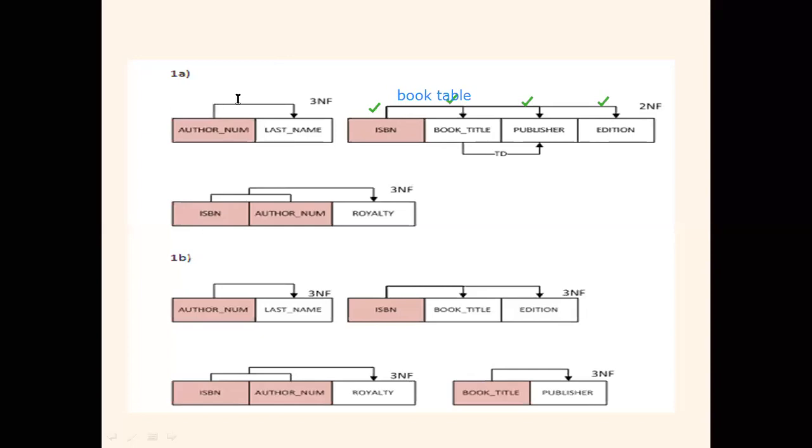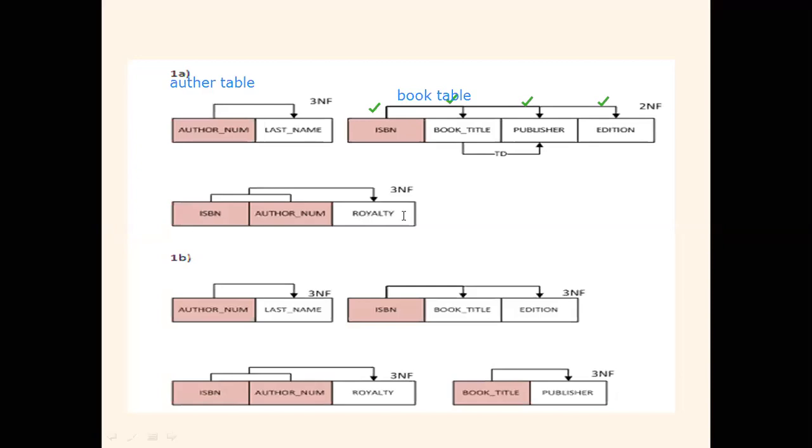We have, what do we have? This is the author table, and this is one more table which has an ISBN number, author number, and royalty.